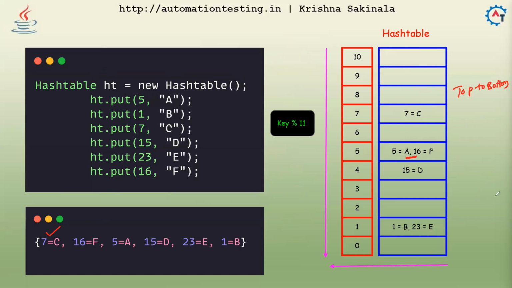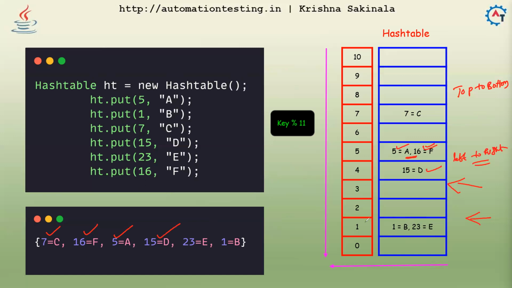So this order, if you say left to right, this is left for me, so left to right, something like that, okay, right to left or left to right. So first it has to come this direction, okay. So in that direction, 16 is equals to F first, 5 is equals to A next, then again top to bottom, again 15 is equals to D.